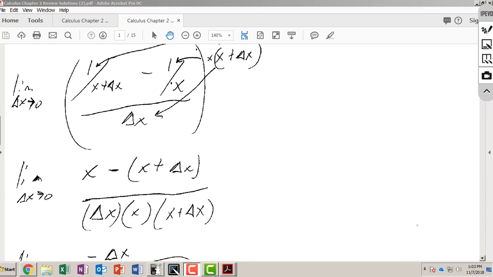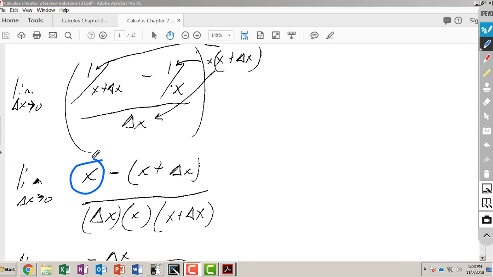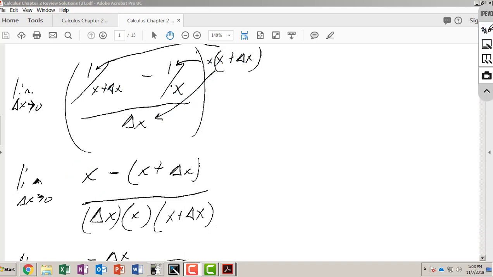So you're going to see that right here. You just ended up with your x, because the delta x is crossed out. You ended up with just minus x plus delta x because the x is crossed out. And then when I multiply down here, I'm left with delta x times x plus delta x.